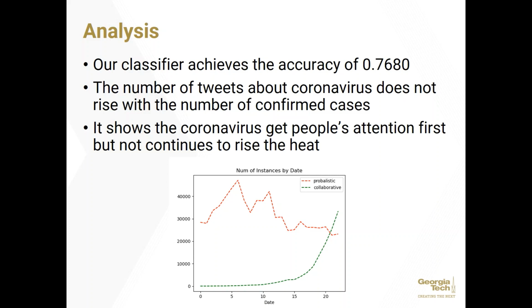It shows that the number of tweets about coronavirus does not rise with the number of confirmed cases. It shows that the coronavirus gets people's attention at first, but the attention does not continue as it goes on.